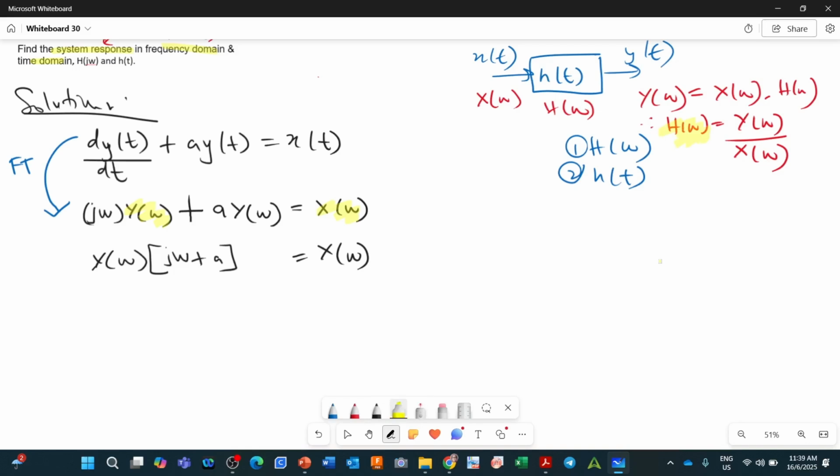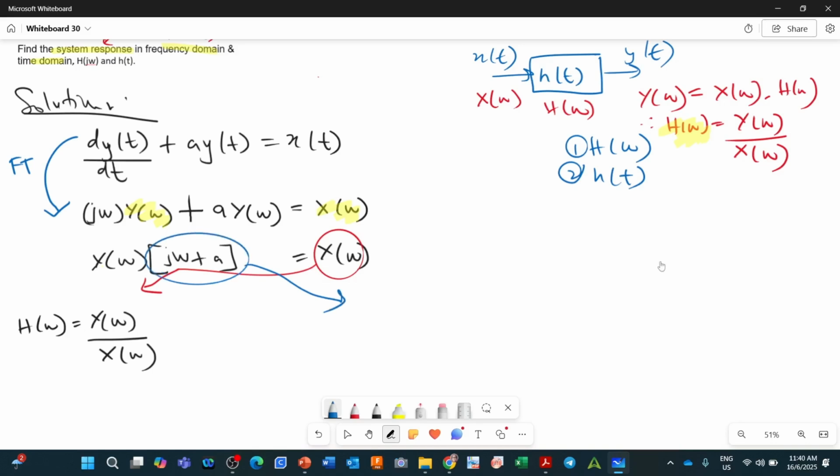H(omega) is Y over X. So basically, we are going to bring this to the bottom side. So we can write it as Y(omega) over X(omega), whereby this is H(omega). This one, we bring it down here, cross, okay? So you have 1 over (j omega + a).